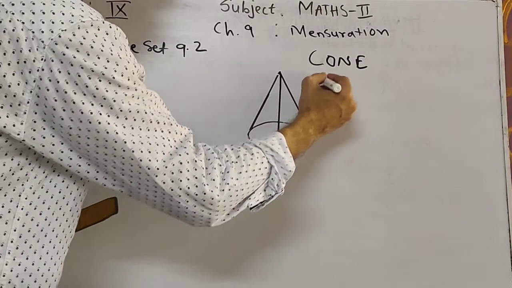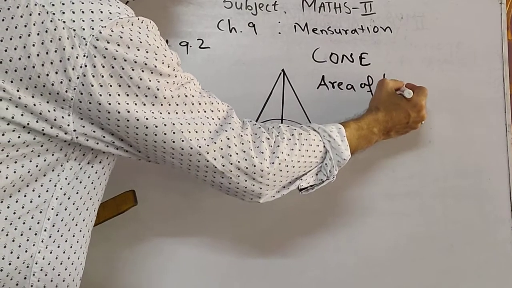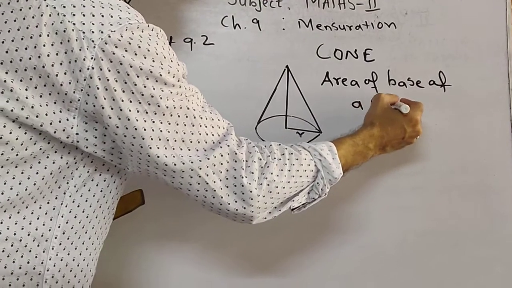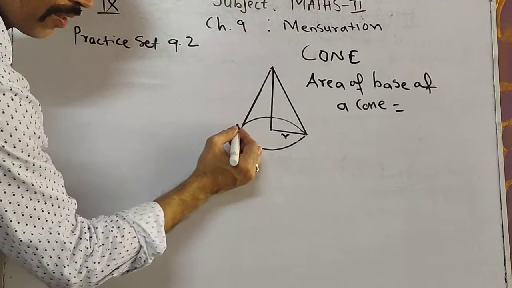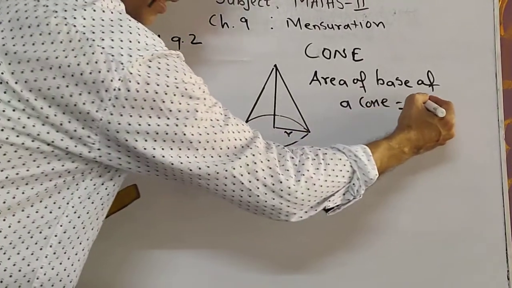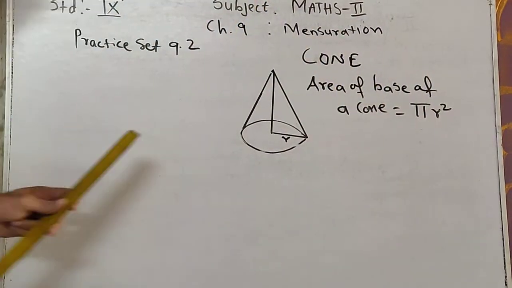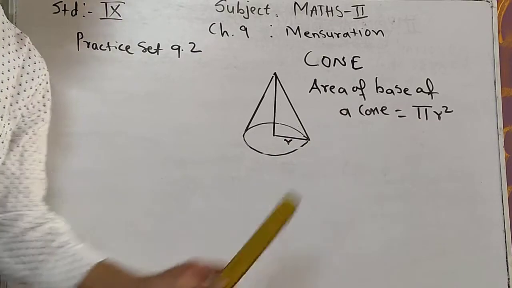So the area of the base of a cone will be, as you know very well, the area of a circle, pi r square. So the area of the base of a cone is pi r square.